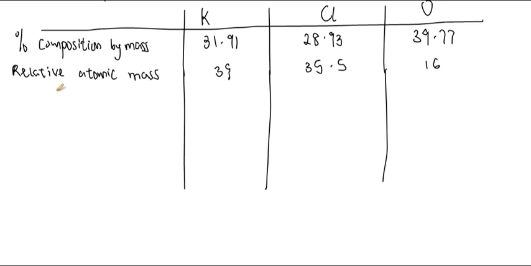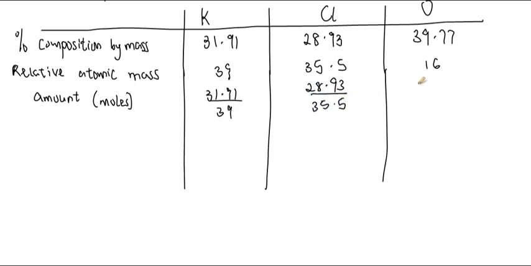To get the number of moles now, that is the amount, we have 31.91 divided by 39. We have 28.93 divided by 35.5. And we have 39.77 divided by 16. So this will be giving us 0.82.